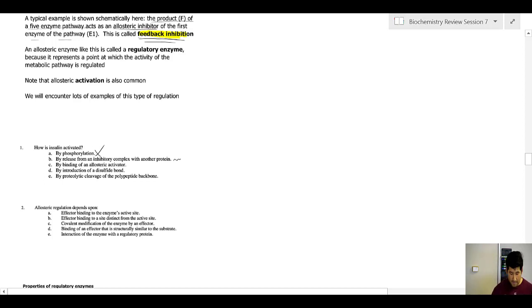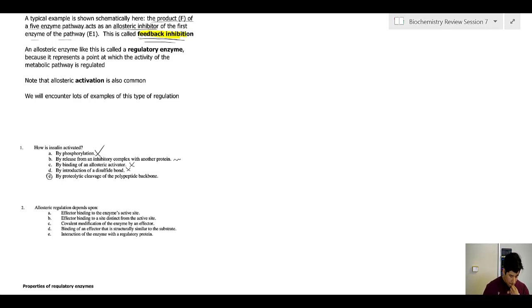What about C? By binding of an allosteric activator. Is that how proinsulin gets turned into insulin? No. What about the introduction of a disulfide bond? No. What about by proteolytic cleavage of the polypeptide backbone? Yeah. So between B and E, I would say E is the best answer, because it's true. Proinsulin has to be proteolytically cleaved in order to be activated.